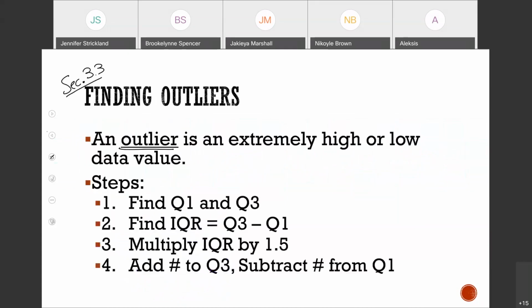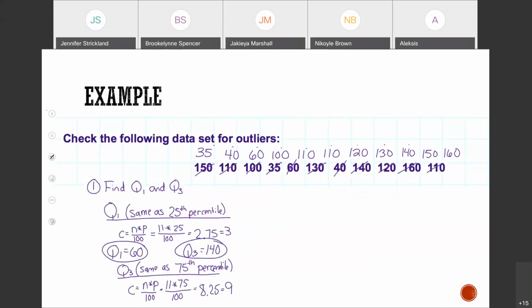It says find the IQR. IQR stands for interquartile range, and we find it by subtracting: Q3 minus Q1. So I'm going to do that next. IQR equals Q3 minus Q1, so I'm going to do 140 minus 60.